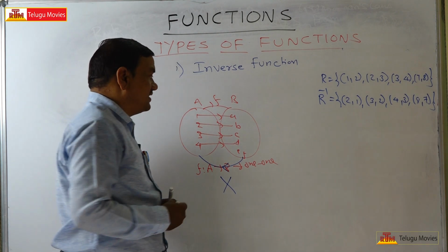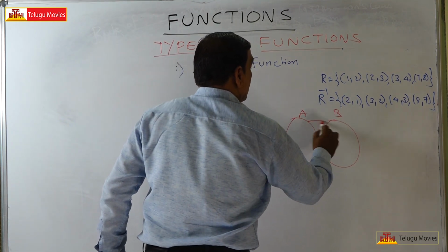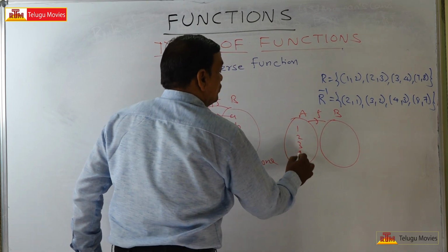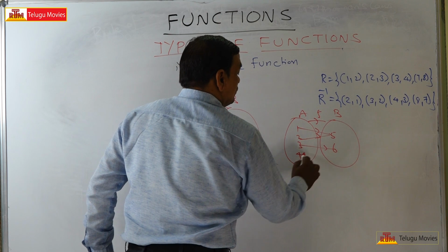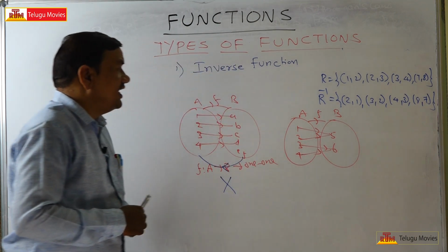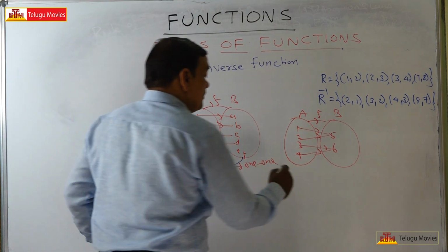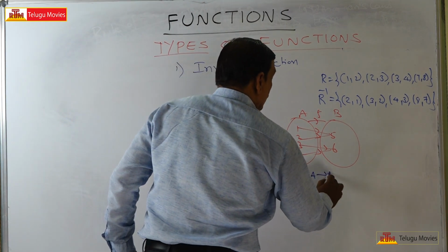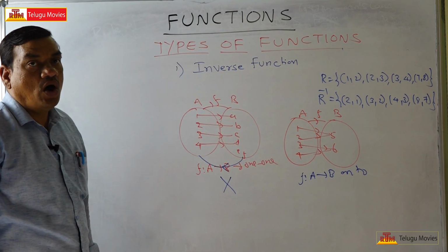Let us see another example. A, B. So f is a function from {1, 2, 3, 4} to {5, 6}. 1 is mapped onto 5, 2 is mapped onto 5, 3 is mapped onto 6, 4 is mapped onto 6. Clearly f is a function from A to B, and moreover it is an onto function.